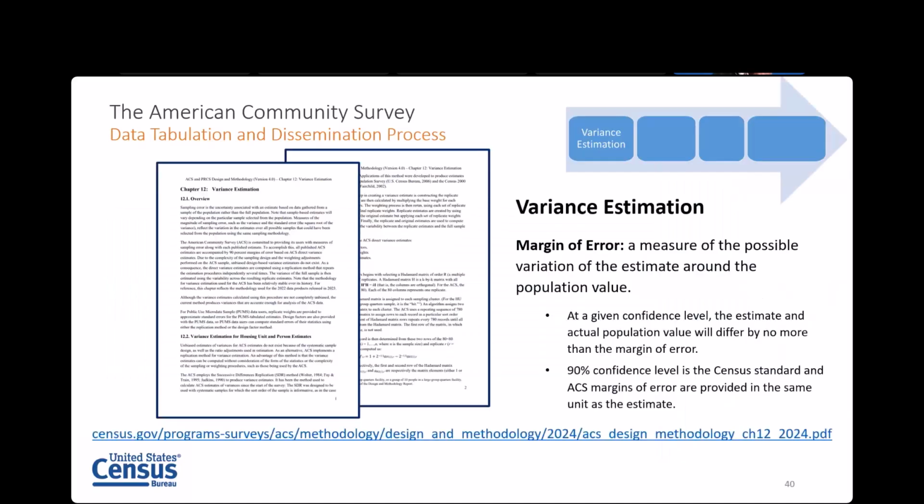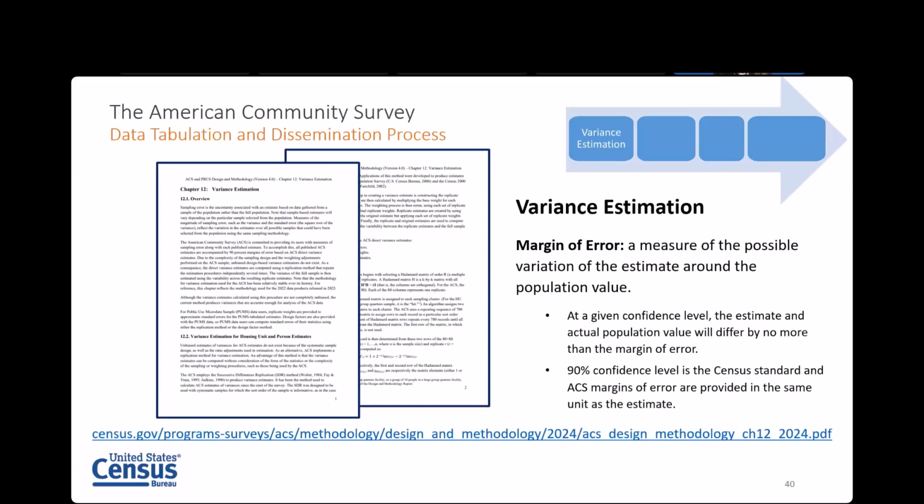The ACS is a survey, which means that the sample we randomly select to respond to the questionnaire provides data that is representative of an entire population. This is not possible without a level of uncertainty and the variance estimation step. This uncertainty is known in the statistical world as sampling error. To help users understand the impact of sampling error on data reliability, we provide a margin of error for each ACS estimate.